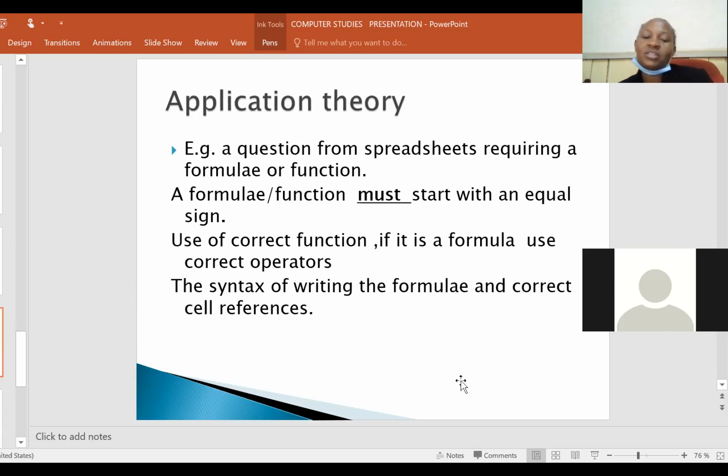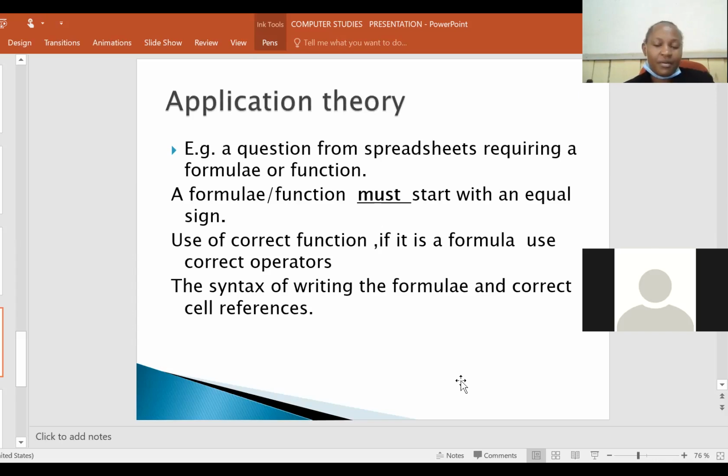Then now on the questions about the application theory, which are questions from Form 2 work. For example, a question from spreadsheets requiring a candidate to write a formula or a function. What should you note at that point?